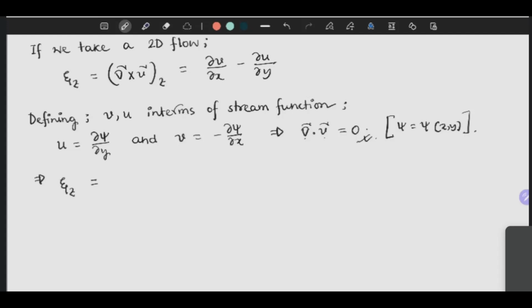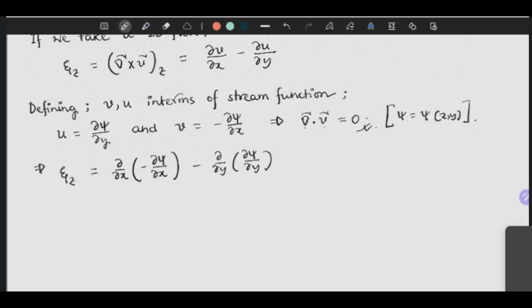So epsilon z will be del v del x. So del x of v is minus delta psi delta x, minus del y of u, which is delta psi delta y. So that makes it minus delta squared psi delta x squared minus delta squared psi delta y squared.